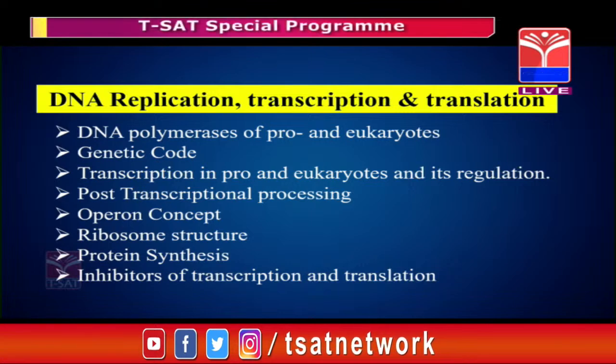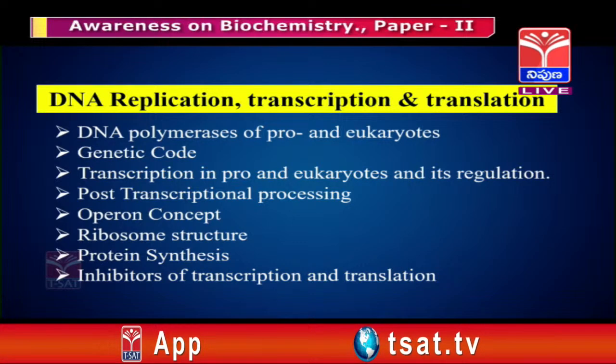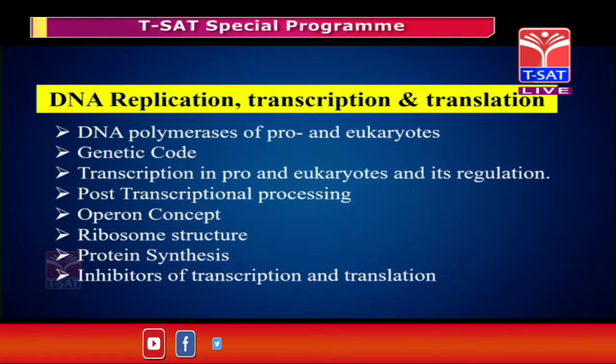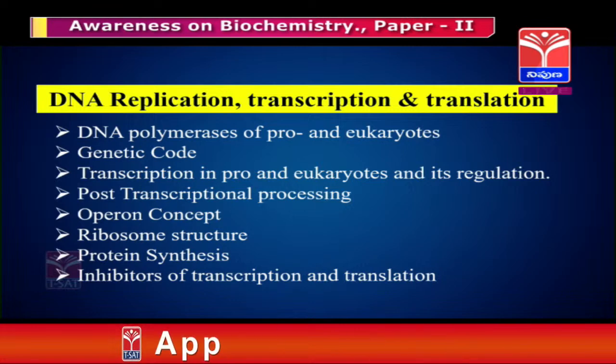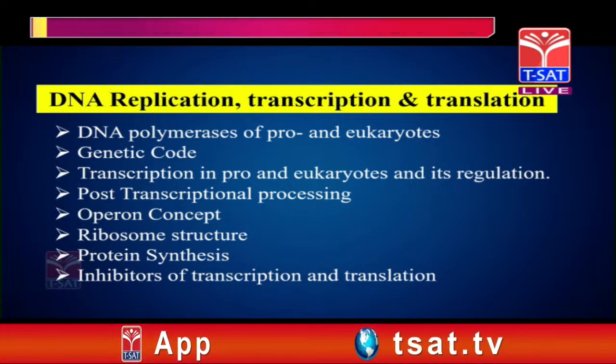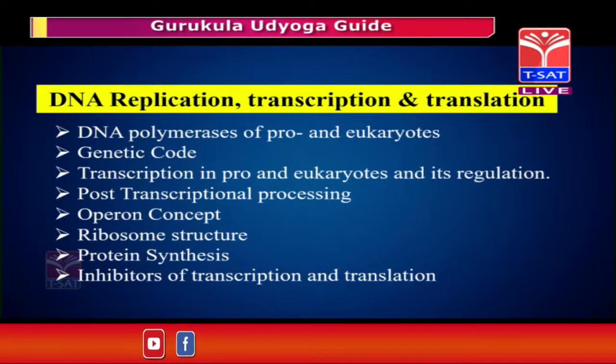We all know these steps and we also know the basic components that are involved in each of these steps. But when the questions are framed, when we are preparing for entrance examination, we need to focus on DNA polymerases, the gyrases, the topoisomerases, all these enzymes which are involved in processes like DNA replication.